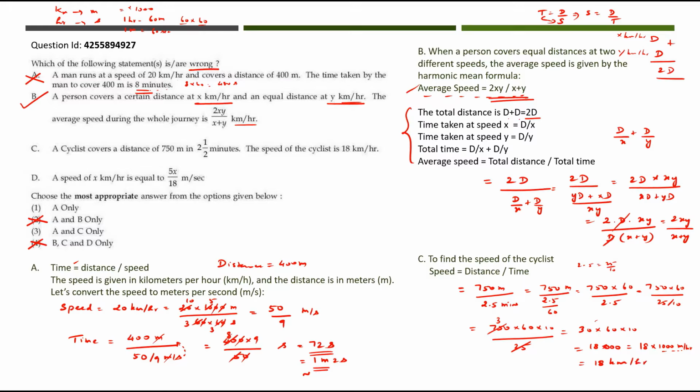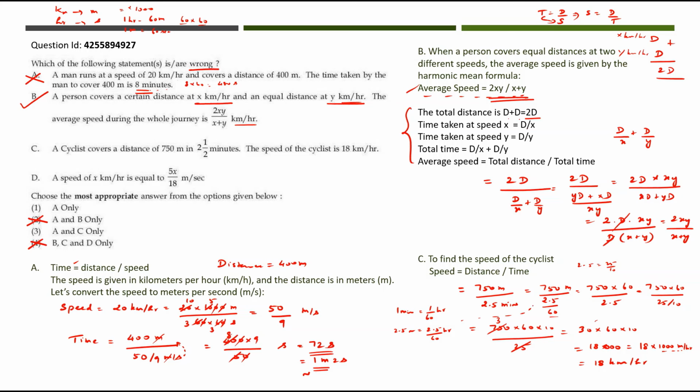The moment we used 2.5 divided by 60, we converted to hours. 1 minute is equal to 1 by 60 hours, so 2.5 minutes is equal to 2.5 divided by 60 hours.